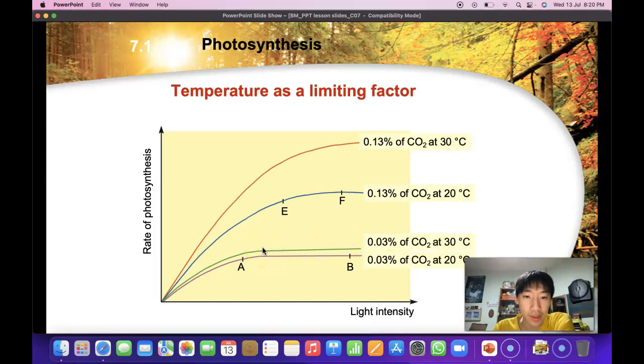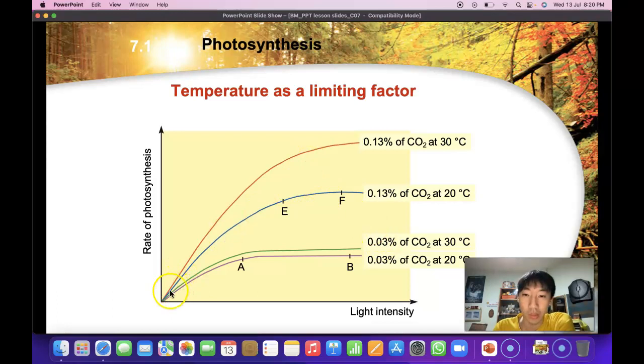So what we can see is that when you increase the temperature from 20 to 30, the maximum rate of photosynthesis increases slightly. Not really a lot, because there are other factors that can also be limiting it. For example, the amount of carbon dioxide is a little bit limiting. There's too little of it. So let's look at the blue and the orange line.